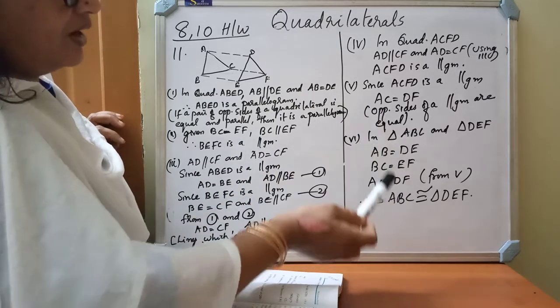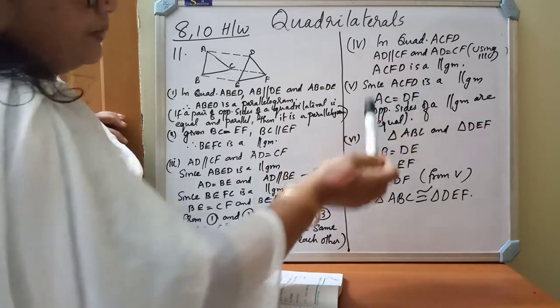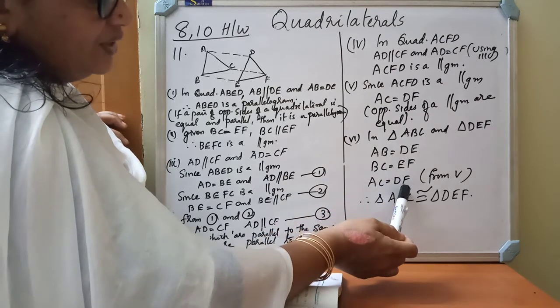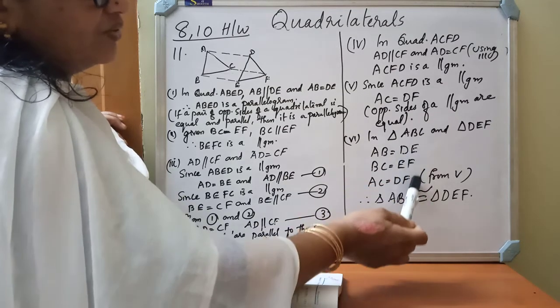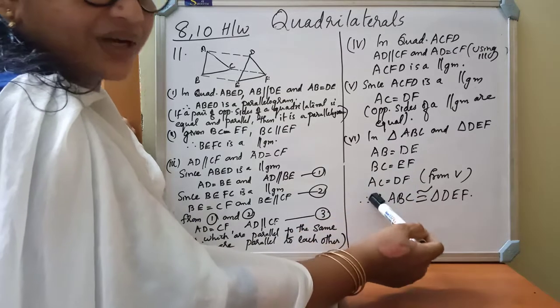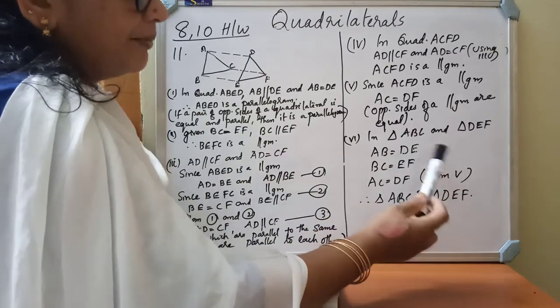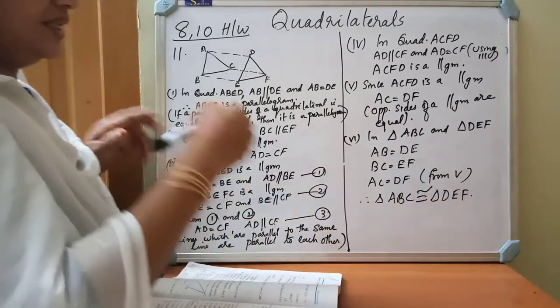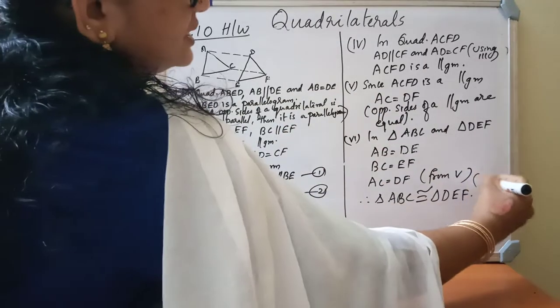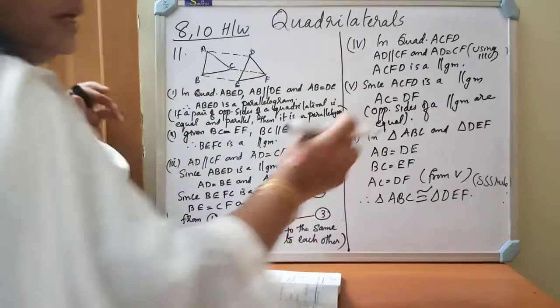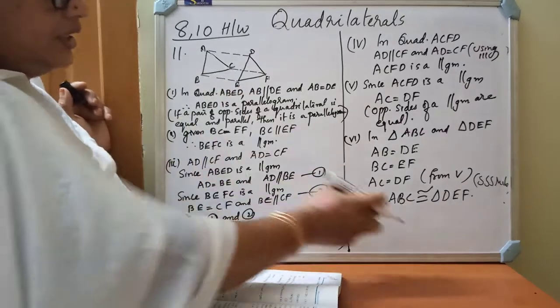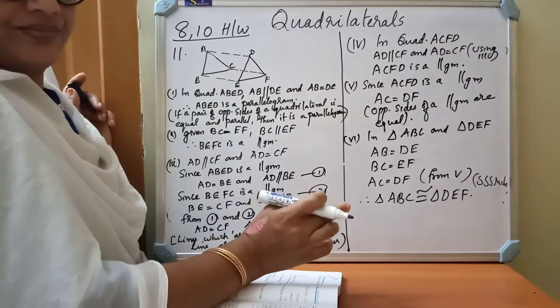And ACFD is a parallelogram, so AC equal to DF we got. Clubbing these three, three sides of one triangle are equal to three sides of another triangle. Then by the SSS congruency rule, we can say that triangle ABC is congruent to triangle DEF.